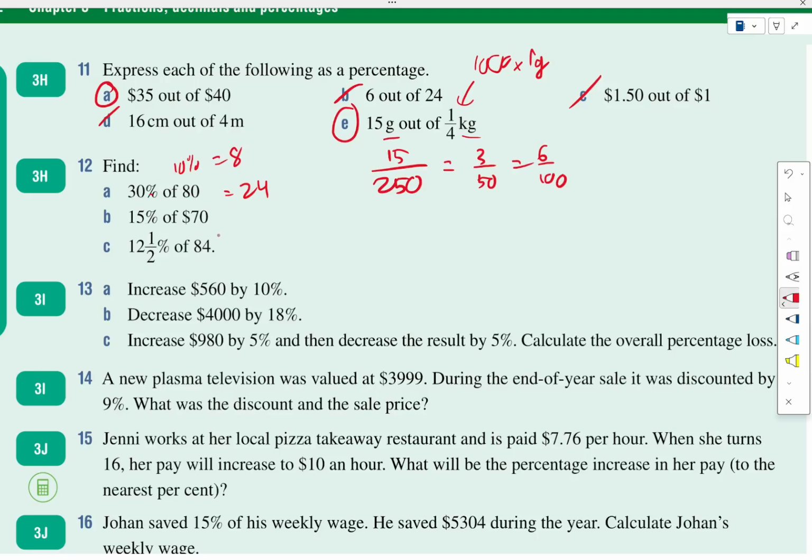So 15% of 70. Might be a bit harder to do it mentally. What's 10%? 7.